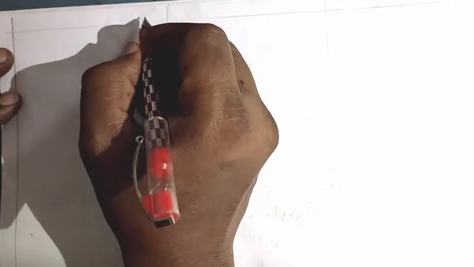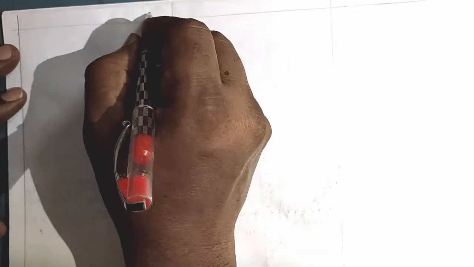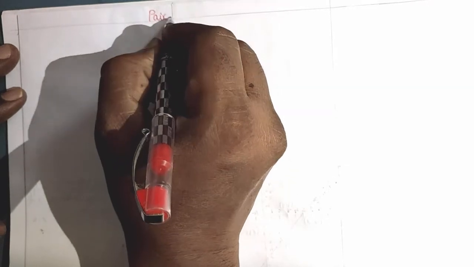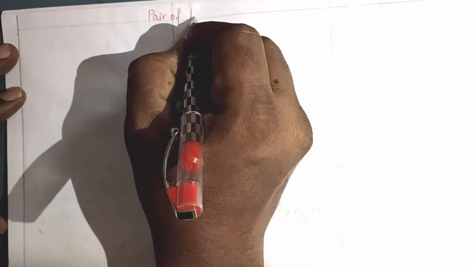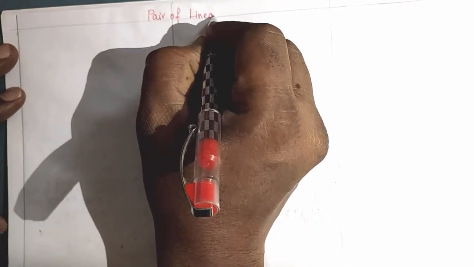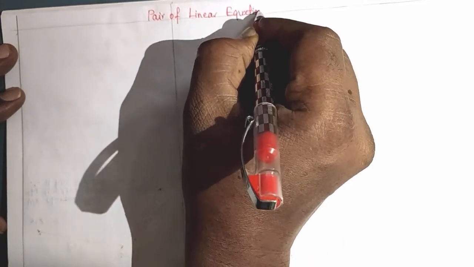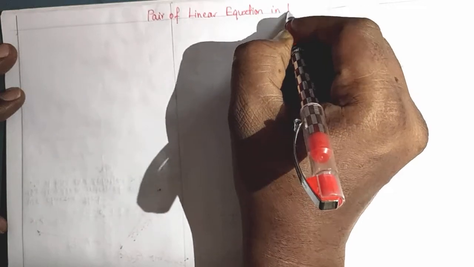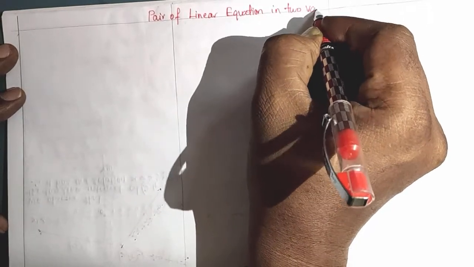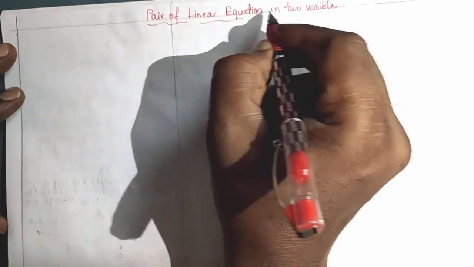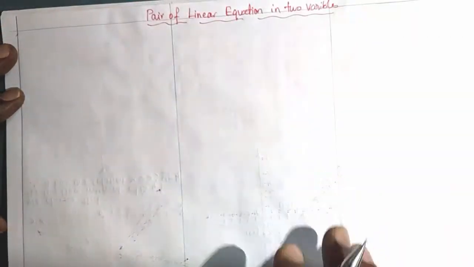In continuation of this chapter, pair of linear equations in two variables. So what have we discussed till now?